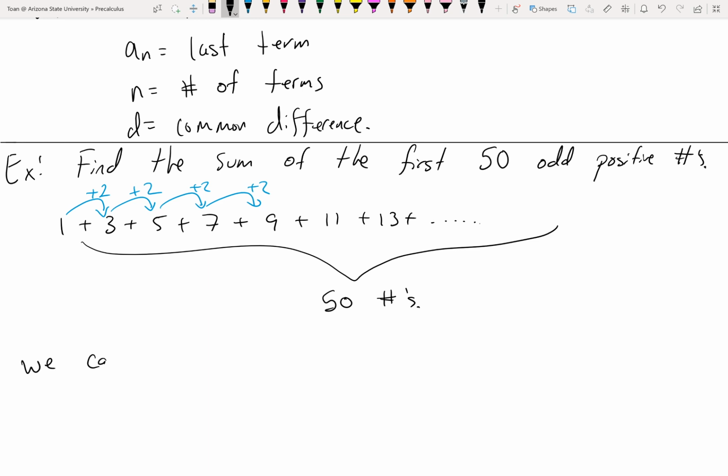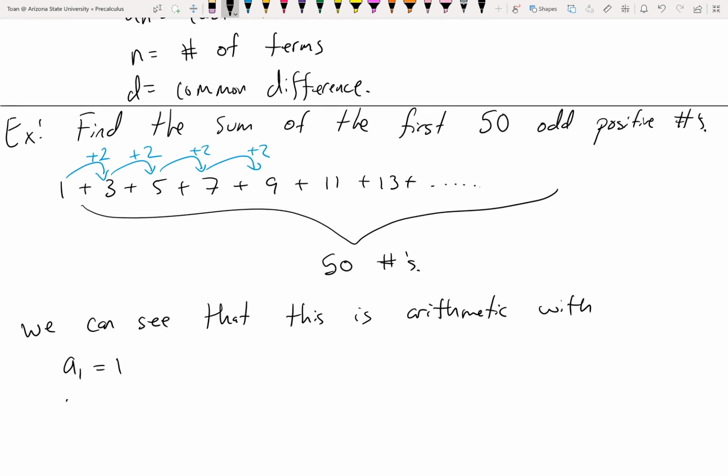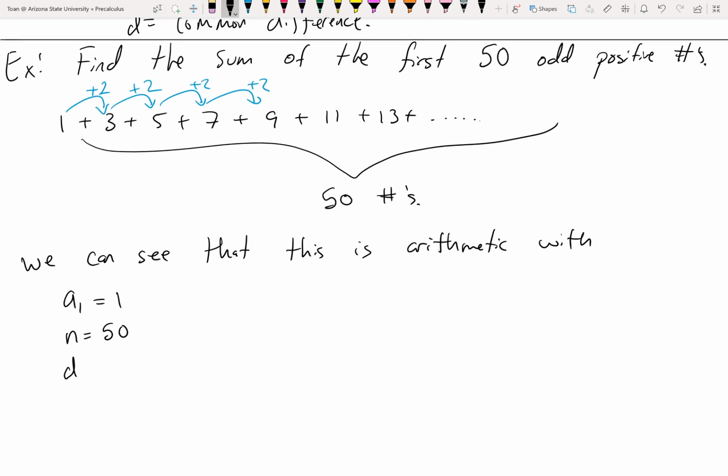We can see that this is arithmetic with, well, we can obviously tell the first term is 1. The number of terms, they flat out told you, was 50 odd numbers, and the common difference is 2.